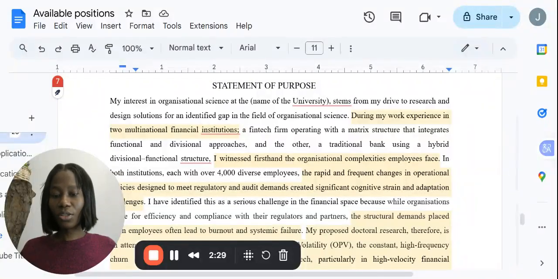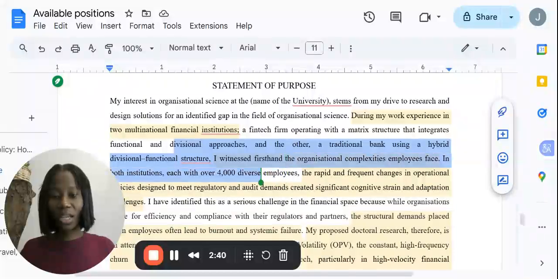During my work experience in two multinational financial institutions, a fintech with a matrix structure that integrates functional and divisional approaches, and the other, a traditional bank using a hybrid divisional functional structure, I witnessed first-hand the organizational complexities employees face. So this is the motivation. This is why they are applying, right?